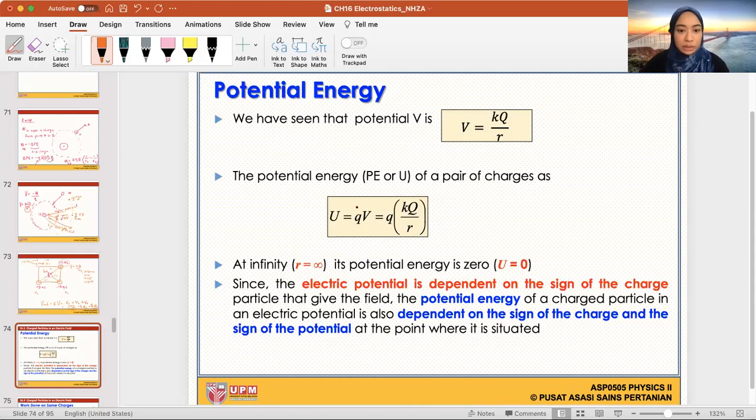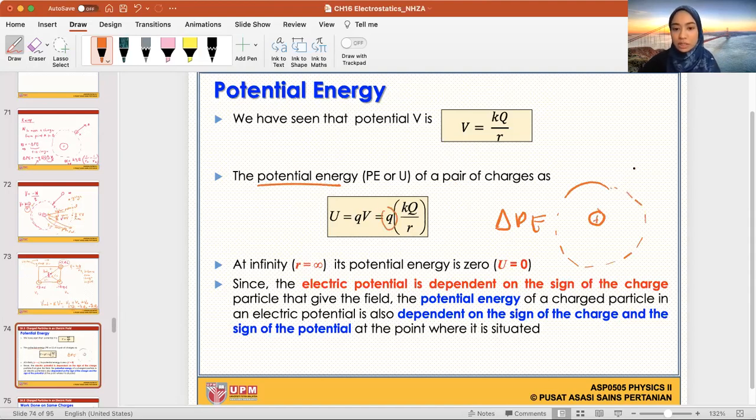So we have seen this one. This is a new one, potential energy PE or U. Previously, we talked about delta PE. So this is PE of a pair of charges as qV. Okay, so it's the charge multiplied with the V. Remember, I told you V is associated with the source charge, whereas this small q is your test charge.